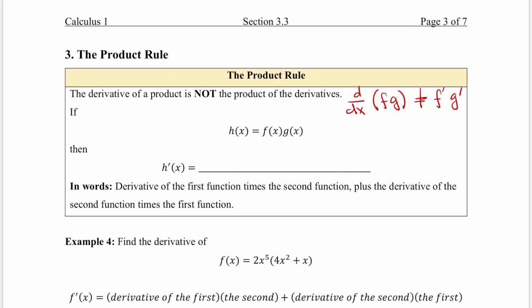Suppose we define a function h of x equals f of x times g of x. This means the function h of x is the product of two functions, f of x and g of x.